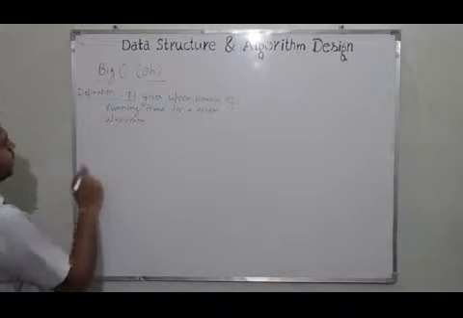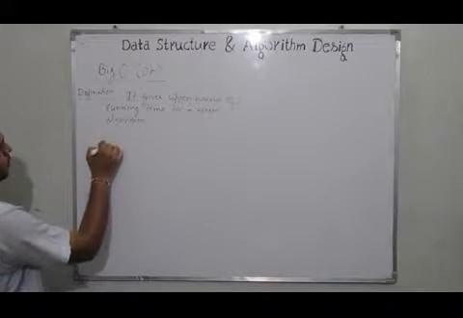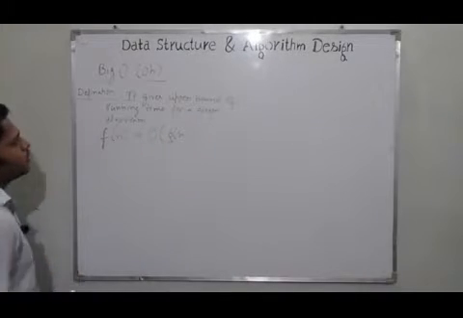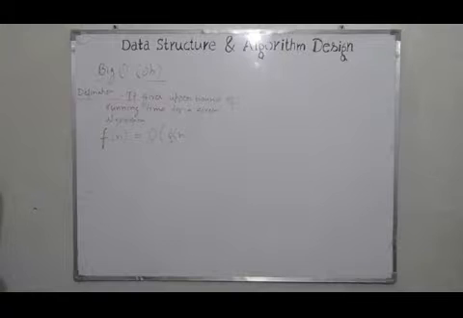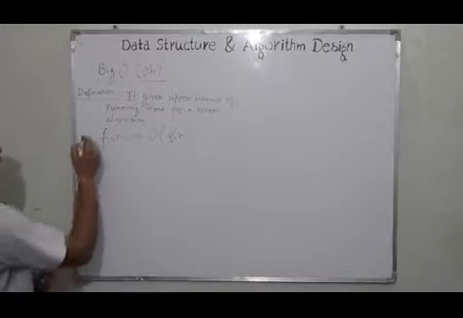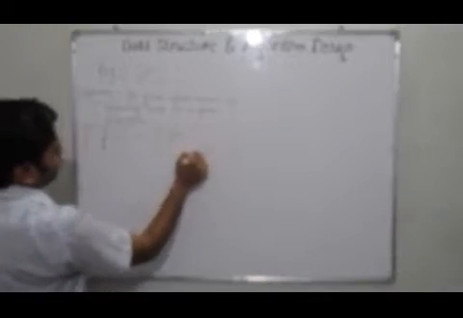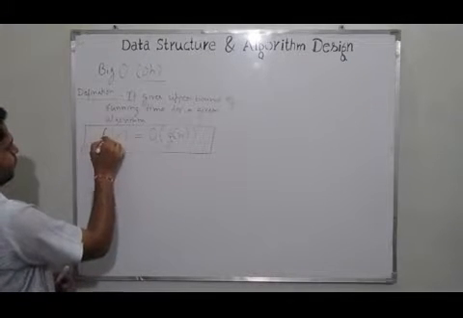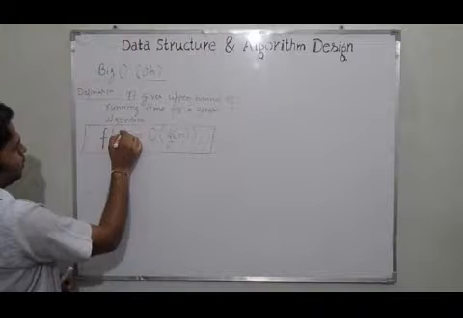And it is represented as, suppose we have considered the two functions fn and gn, then we have to consider the fn and gn in this way. Fine? fn and gn in this manner.